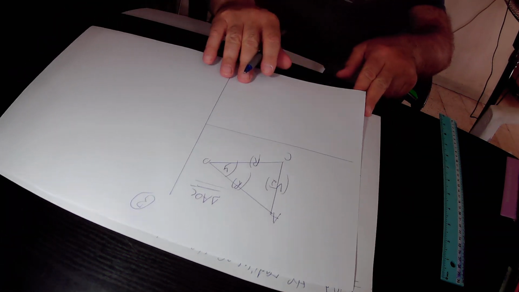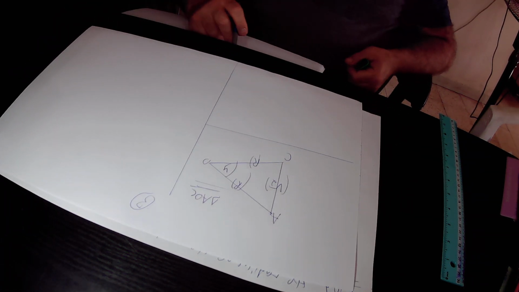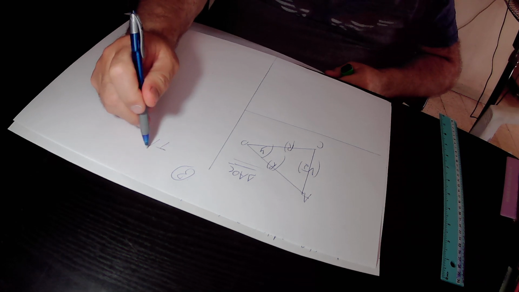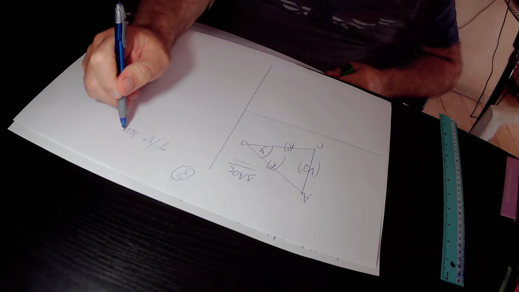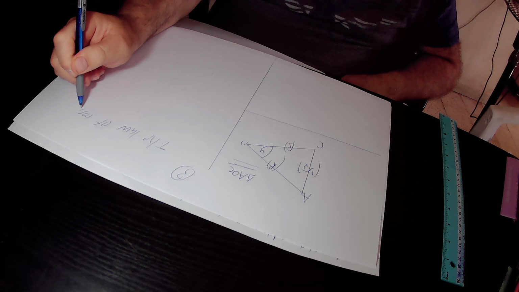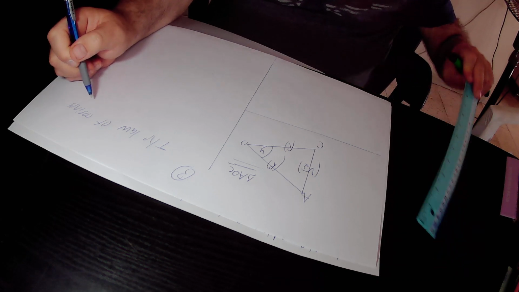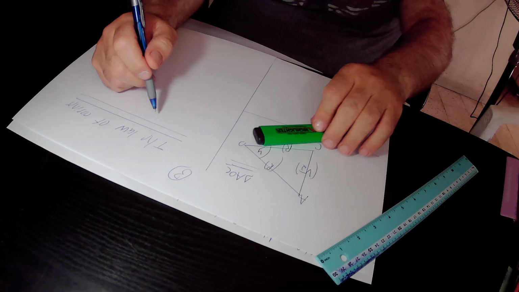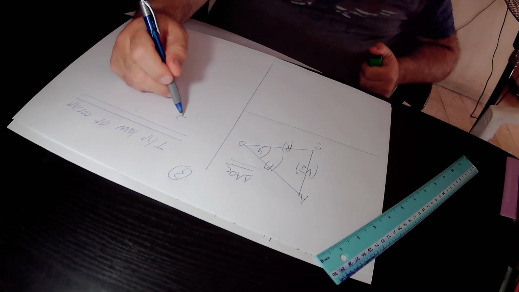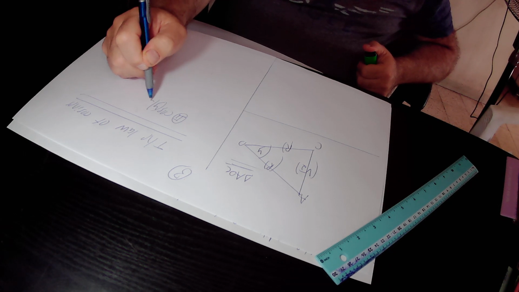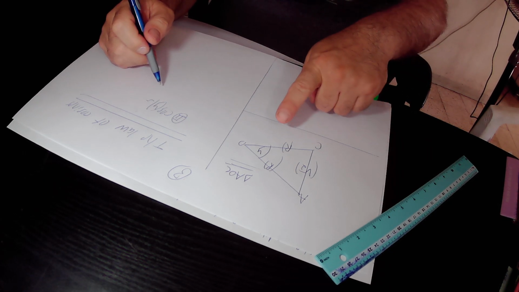So actually, this is triangle AOC that is coming from the original drawing. According to the law of cosines, in this triangle AOC, cosine y equals AO square.